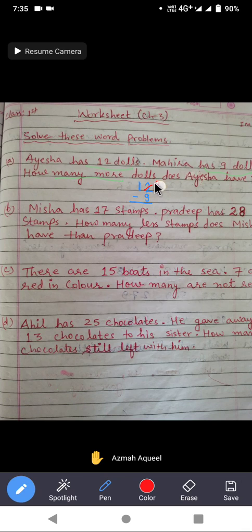So it will become 12 ones, and here 0 will be left only. So 12 minus 9 is 3 only. Okay. And here 0 will be left. So it means Aisha has 3 more dolls. Okay. Aisha has 3 more dolls.